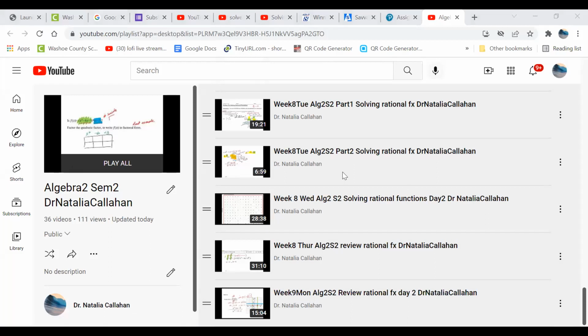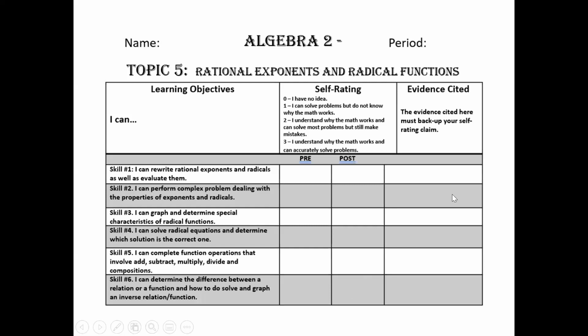All right, in addition to that, this is the new skill that you have. There are 6 of them. Take a moment and look at the 6 different skills that we will be going over.